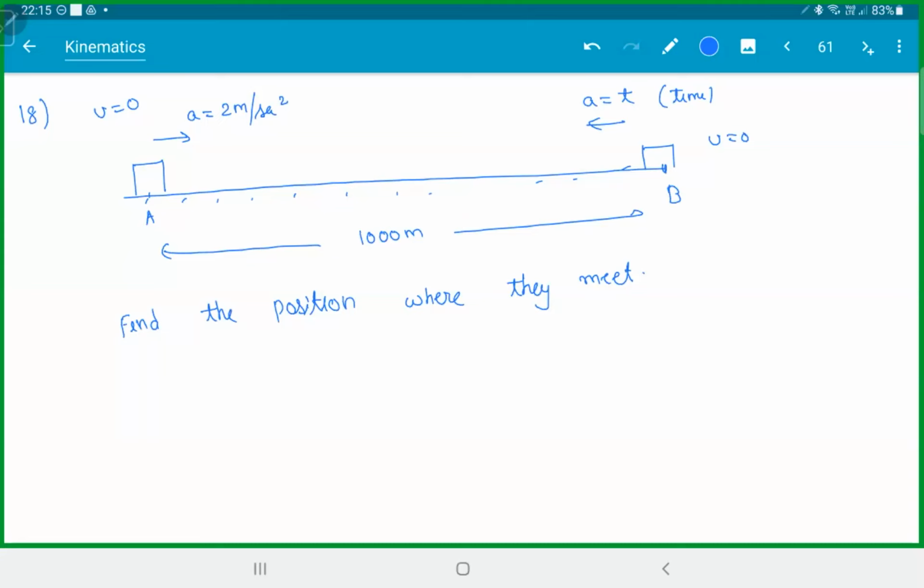I don't think we'll be able to solve this. I mean, you can solve, but you'll get a cubic equation, I guess. I'm just interested in the physics part. Math part we can handle later. Two vehicles going opposite to each other. Initial velocity is 0, acceleration is 2, and a is equal to t. Find the position where they collide.